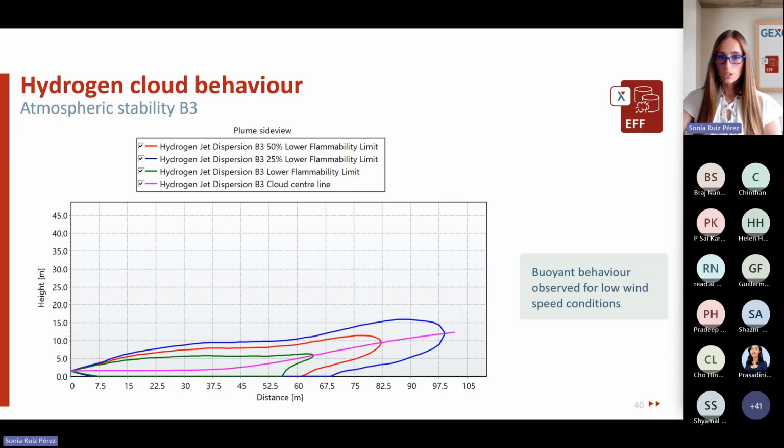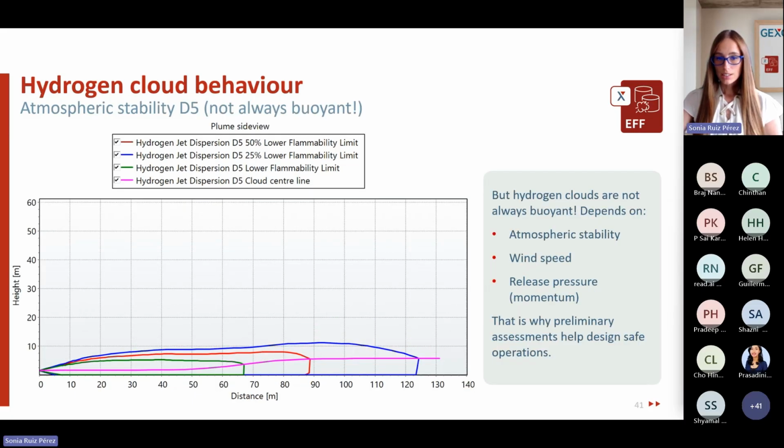As I said, hydrogen is stored at very high pressures, from 200 to 900 bar. This very high pressure is responsible for this plume remaining grounded. As momentum is lost, the cloud rises to around 15 meters, reflecting hydrogen's buoyant properties. So it first stays grounded and then it rises up due to its buoyant behavior.